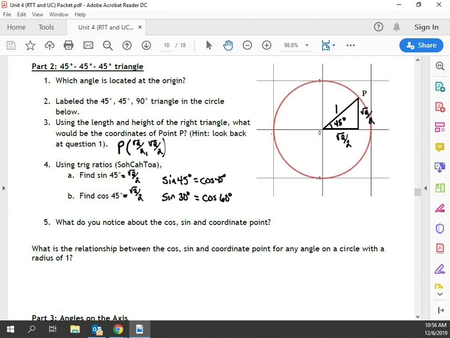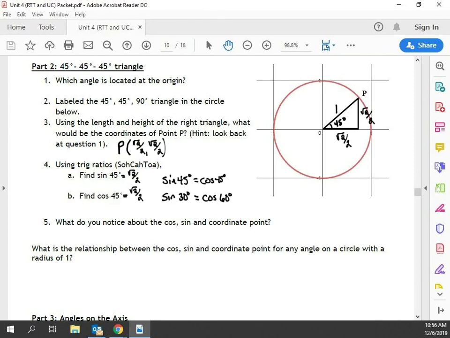Complementary. If you find two complementary angles, let's say 25 and 65, the sine of 25 is equal to the cosine of 65, because those two angles add up to 90. And that's why this works, and vice versa as well.